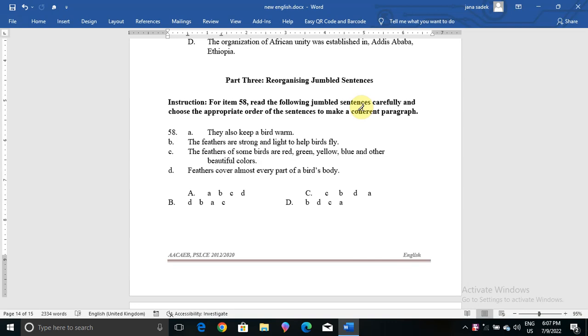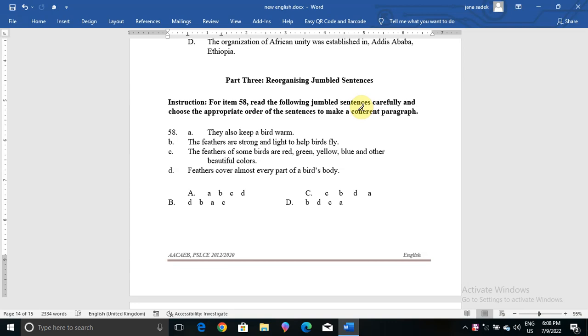Okay, now if we arrange the sentences to make a paragraph, how will it be? First of all, we'll see the beginning. It will be the feathers of some birds are red, green, yellow, blue, and other beautiful colors, right? Yes, so C will be the first sentence. Then the second sentence will be B, because the feathers are strong and light to help birds fly.